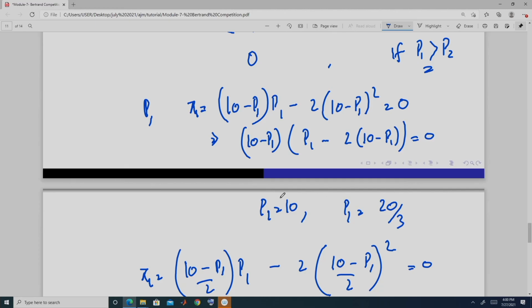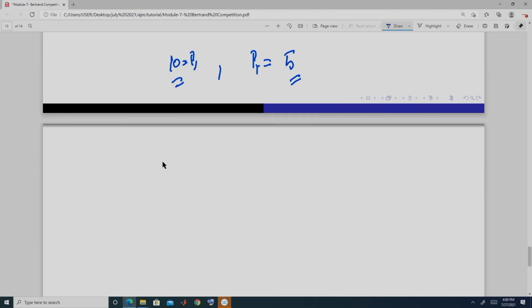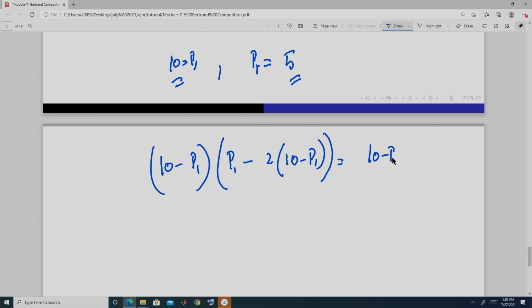So, these prices are going to be the same for firm 1 and firm 2, and we get another price when this is equal to this.